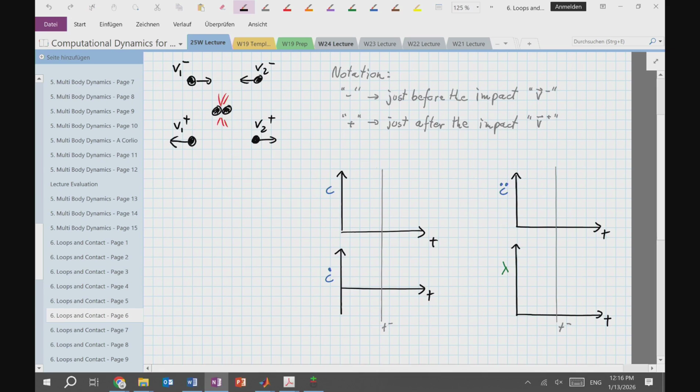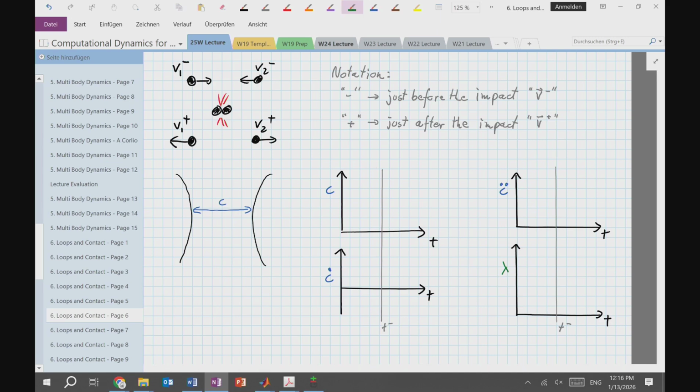It turns out that in this particular case, if we zoom in, we're not really interested in the velocities of these two bodies, v1 and v2. The thing that we're interested in is just this one-dimensional constraint space, c, and then, of course, the constrained velocity c dot and acceleration c double dot.